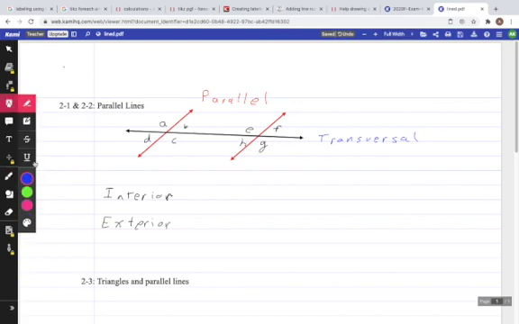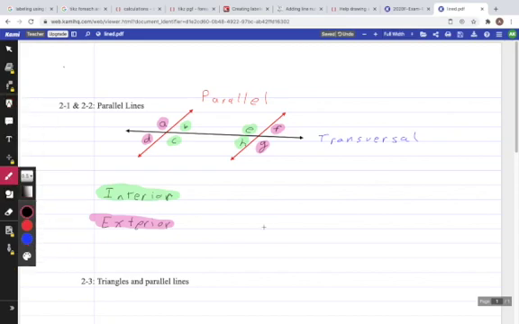So my interior angles are there. My exterior angles are there. Okay.